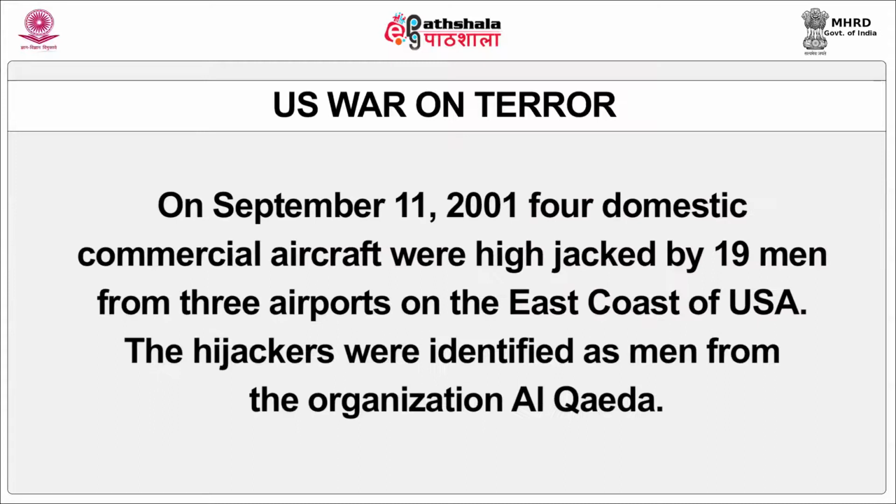On September 11, 2001, 4 domestic commercial aircraft were hijacked by 19 men from 3 airports on the east coast of the USA. The hijackers were identified as men from the organization Al Qaeda. 2 of the airplanes were deliberately flown into the World Trade Center in Manhattan, New York.